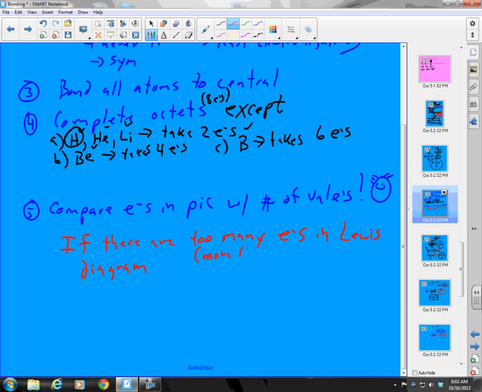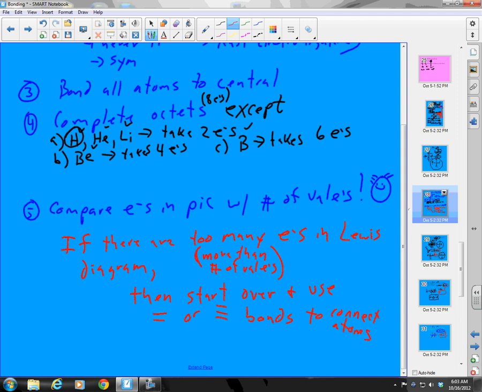More than the number of valence electrons, right? That's what too many means. Then what do we have to do? Then start over. Oh my gosh, yes. Start over and use double or triple bonds to connect atoms.